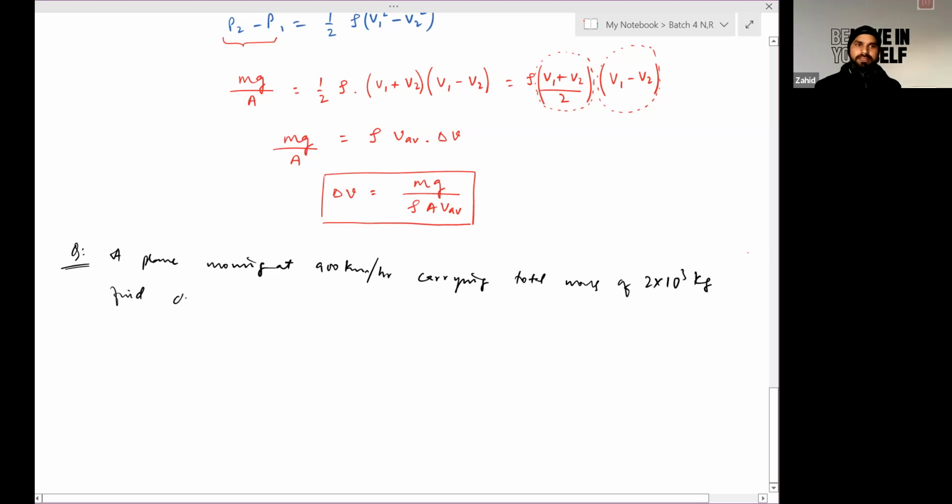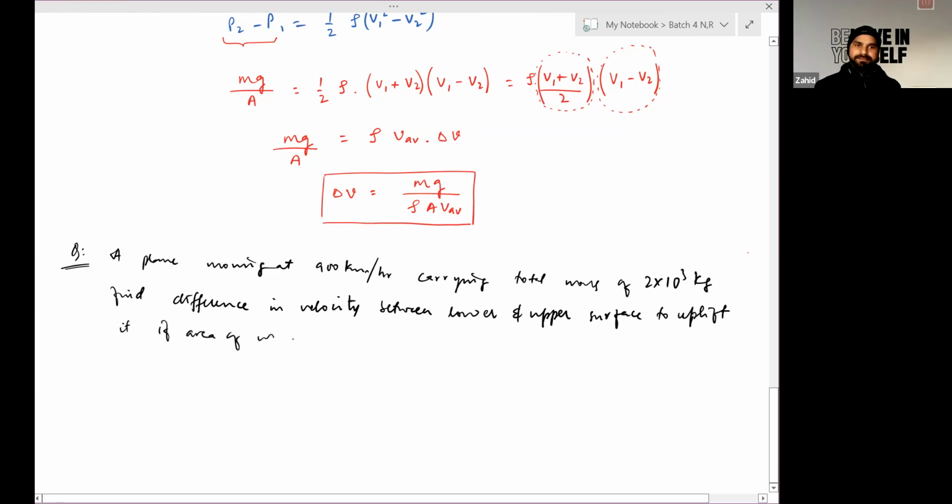Find the difference in velocity between the lower and upper surface to uplift it, if the area of the wingspan is 25 meter square.